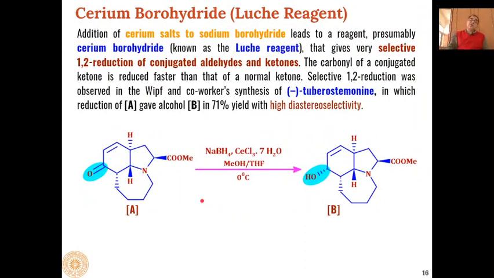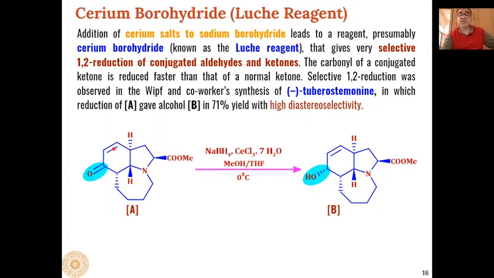Then another very important borohydride is cerium borohydride, which is also known as Luche reagent. So when cerium salts are reacted with sodium borohydride, cerium chloride is reacted with sodium borohydride, we will get cerium borohydride, or Luche reagent is formed. And this Luche reagent is also a selective reagent for 1,2 reduction of conjugated aldehydes and ketones.